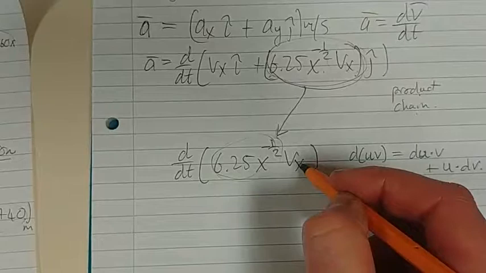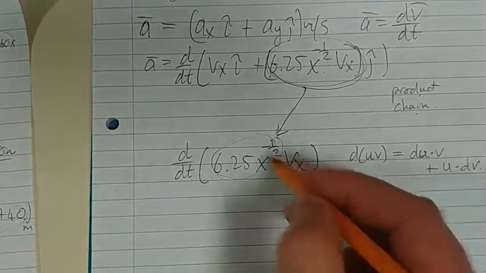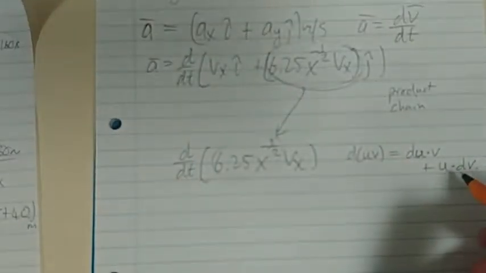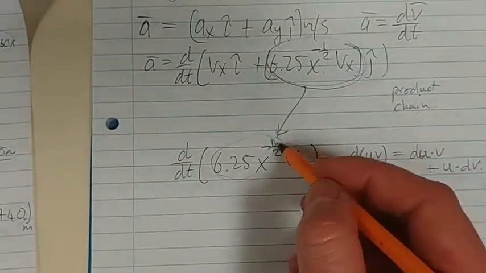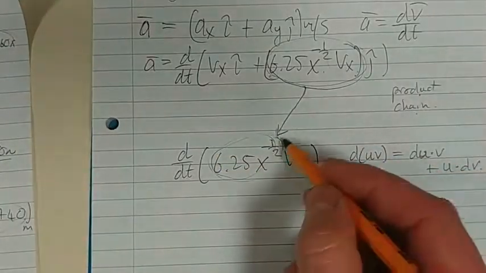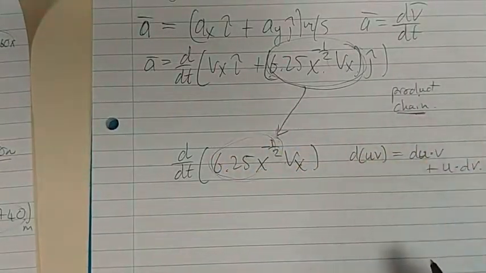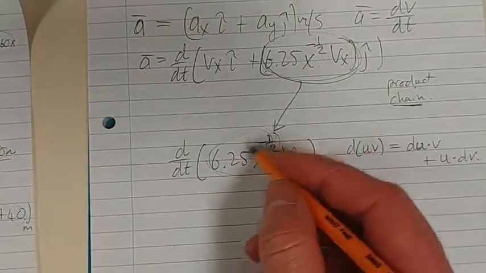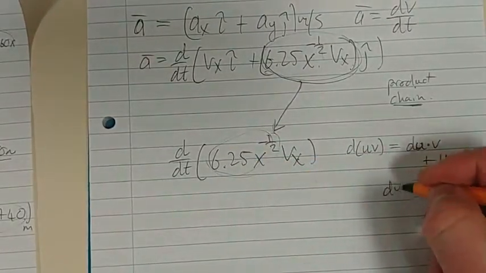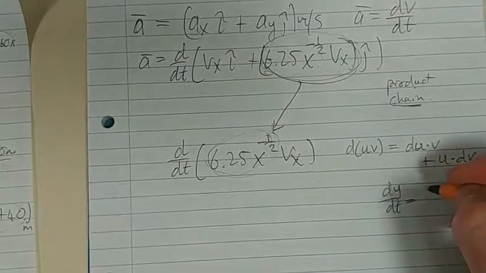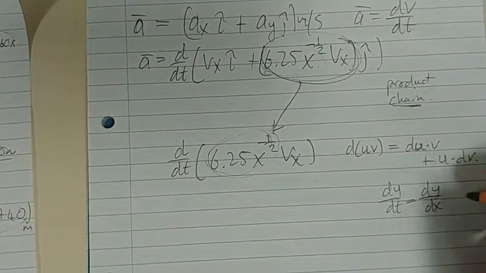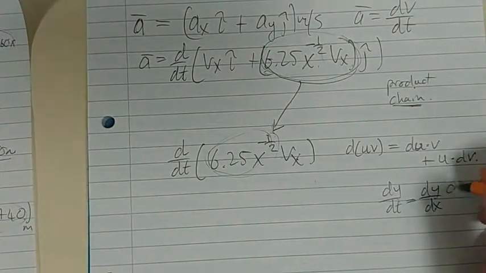Very good. But for the derivative of the first, we need to make use of the chain rule. So what is that going to be? Remember, dy/dt is dy/dx times dx/dt.